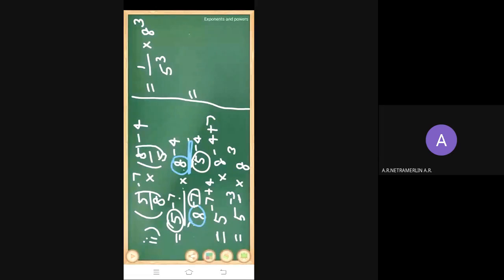Now 8 cube is nothing but 8 into 8 into 8, and 5 cube is nothing but 5 into 5 into 5. So 8 eights are 64, 64 eights are 512. 5 fives are 25, 25 into 5 is 125. So the answer is 512 by 125.